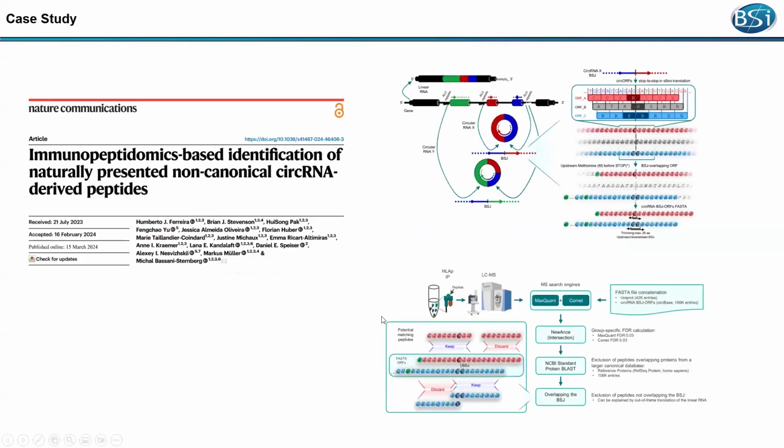This is a case study where they generated in silico translated peptides from non-canonical circular RNA, concatenated the peptide sequences to the canonical database, performed HLA purification, and searched the results against this concatenated database.